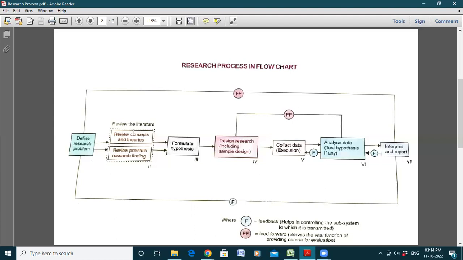So that's why I always say to my scholars and everyone that literature review is a very critical stage of any research process. You have to do it very, very sincerely. At least last 5 years of research work you have to go through to have idea on that particular topic.